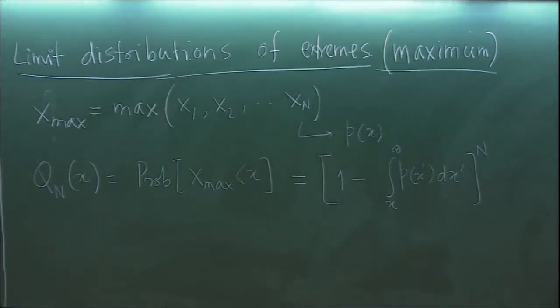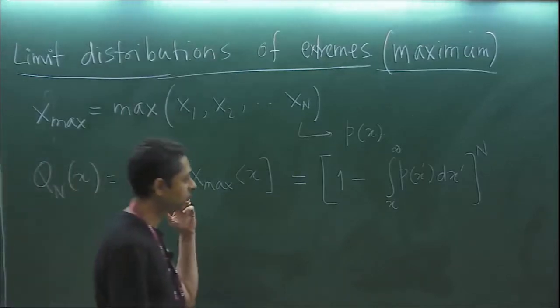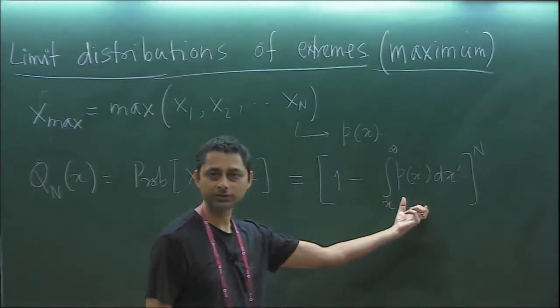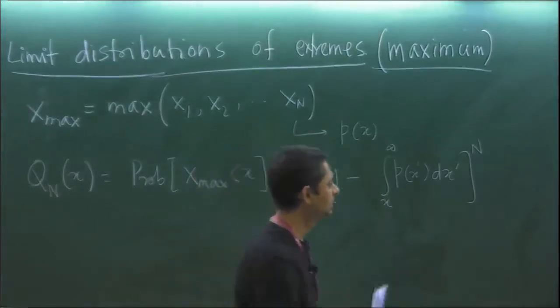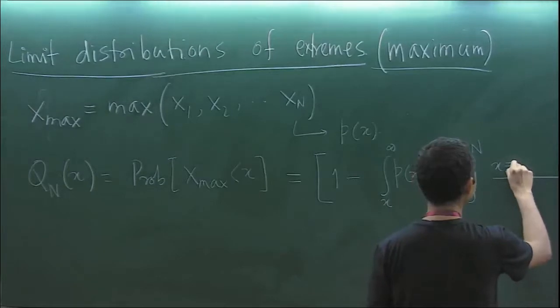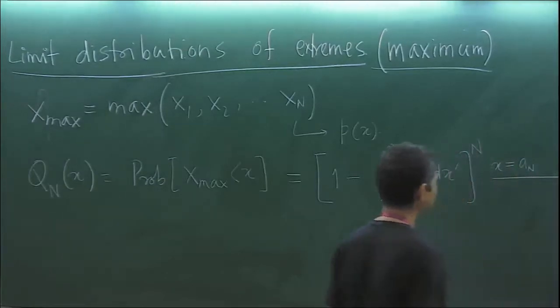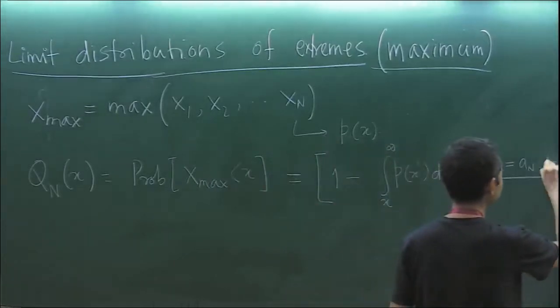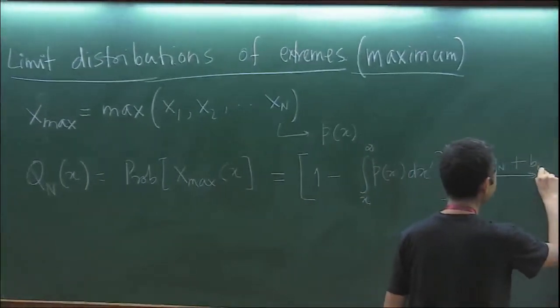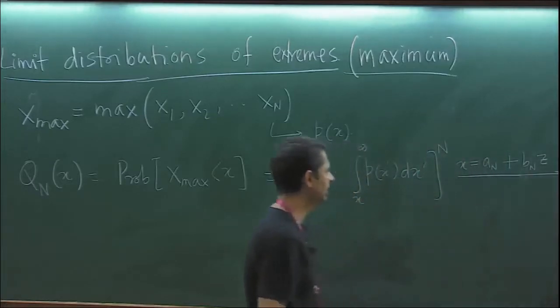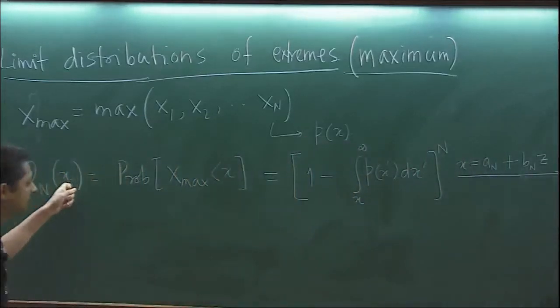Now, we ask this question of whether this object, with some suitable rescaling, let's say you scale x by some shift which depends on n plus some fluctuations times some random variable z. So this x is a random variable, so this is the distribution of x, okay?